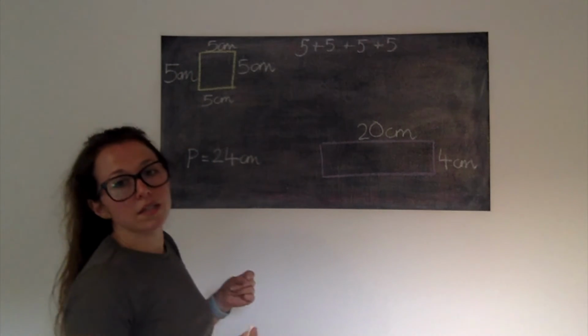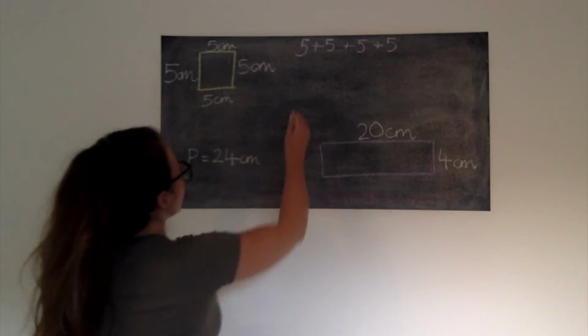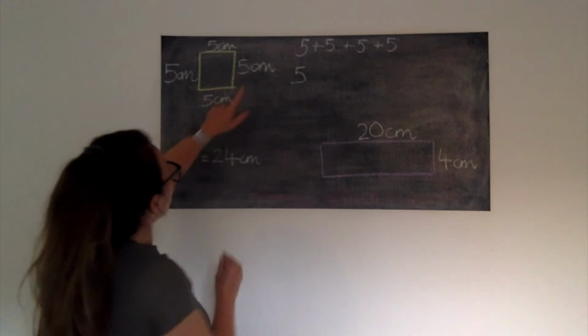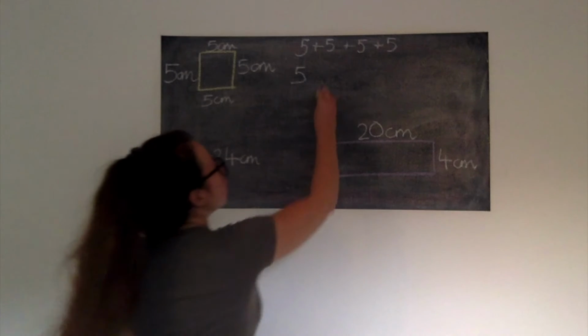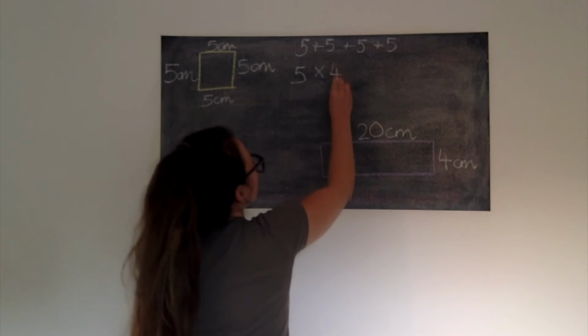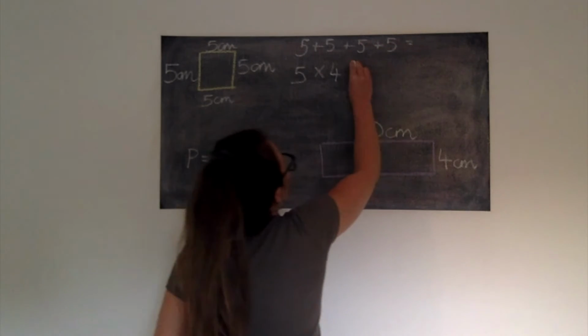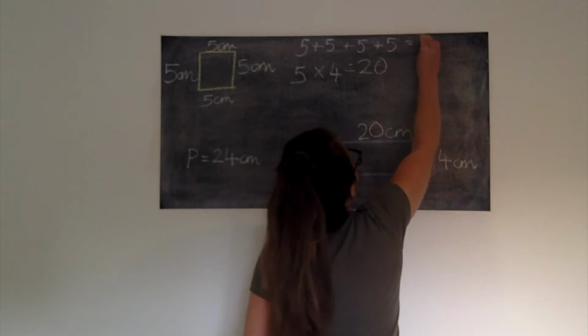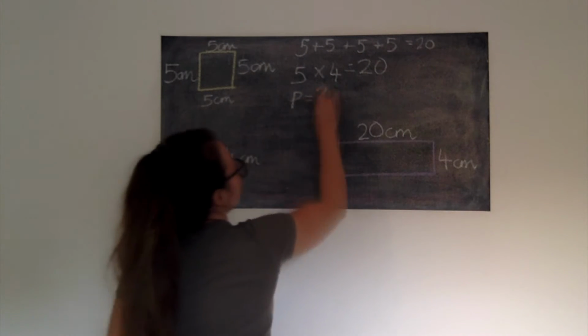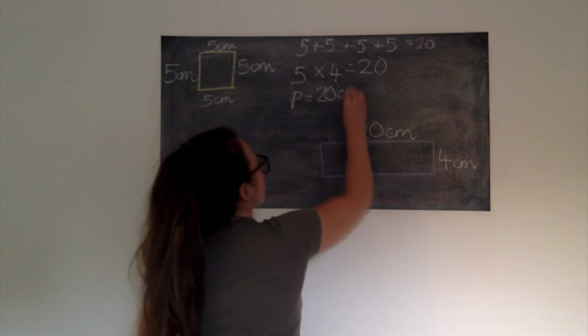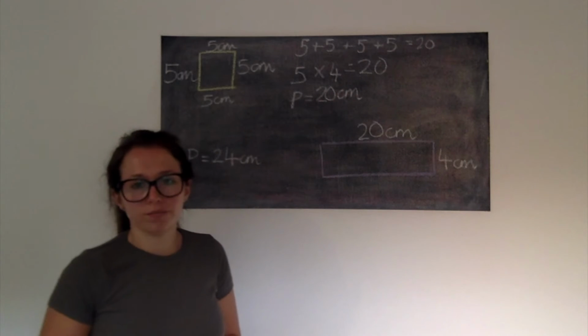Or repeated addition is the same as multiplication, but not 5 times 5. I've got 5 4 times. So it would be 5 times by 4. Both answers would give me 20, so the perimeter of my square is 20 centimetres. Don't forget that unit of measure.